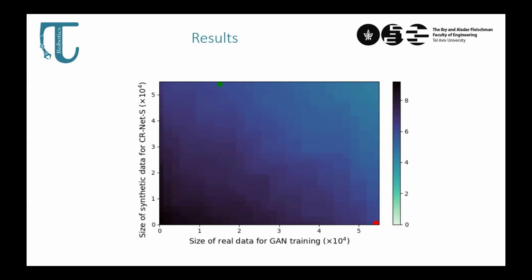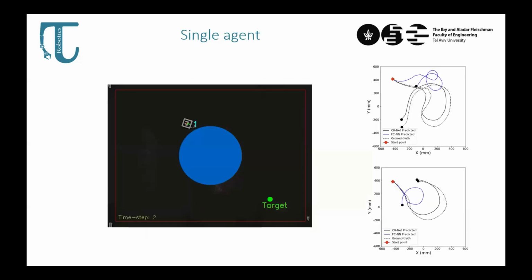So it's better to invest a limited amount of real data in the generative model instead of going ahead and training the real system.